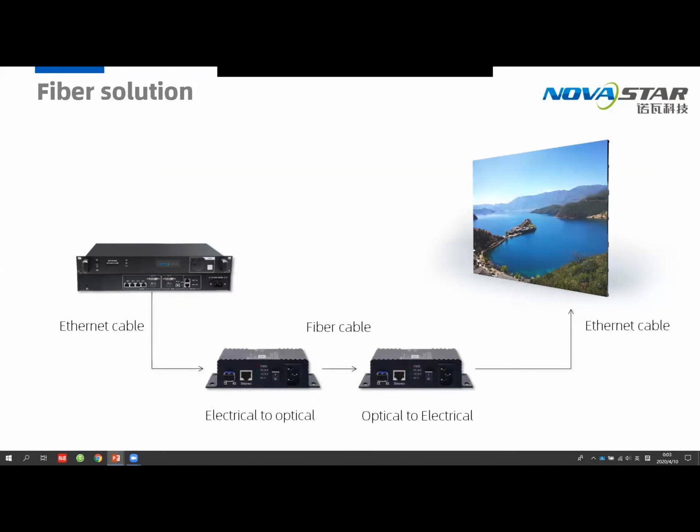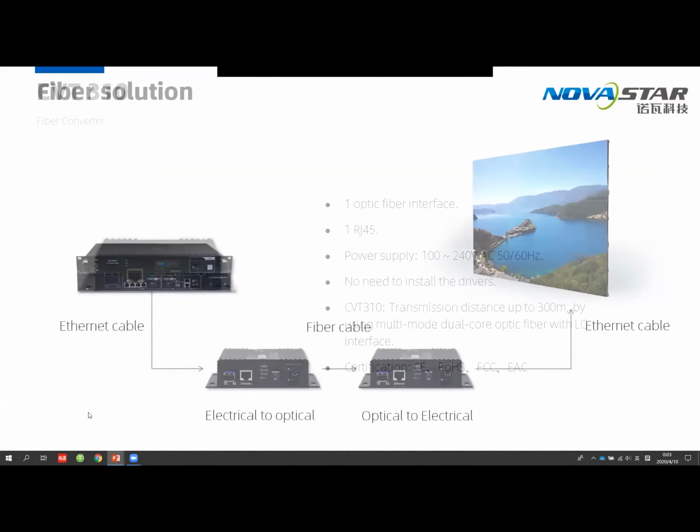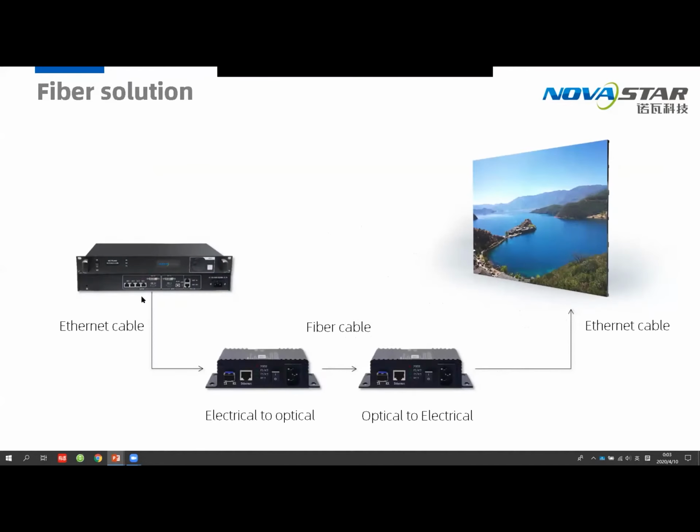So let's check the first solution, the basic one, and the structure will be like this. The output from the controller will give the data to the first converter. This converts the electrical signal to an optic signal.